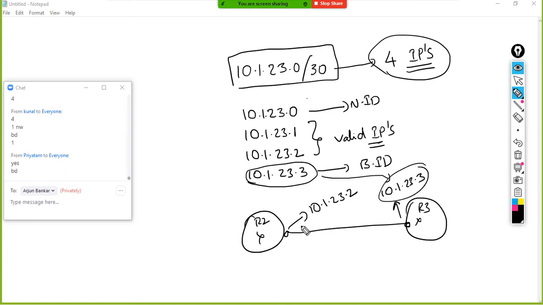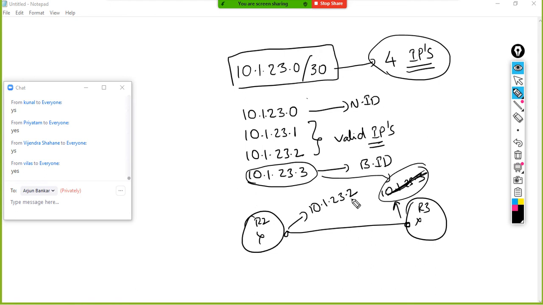Can we assign the broadcast ID, guys? No. So this IP address will not be accepted. Do you understand the concept? Before you assign an IP address, make sure that it is a valid IP. If you assign a network ID or broadcast ID, it doesn't take it.